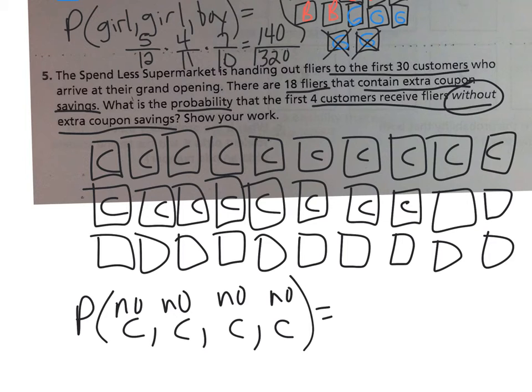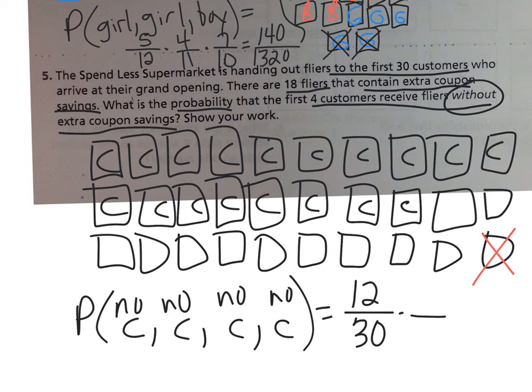That bottom row is 10 plus 2 more is 12. So there's 12 out of 30 chance that that first person's going to get one that doesn't have a coupon. Is somebody going to get that same flyer that they got? No, so it's done for.